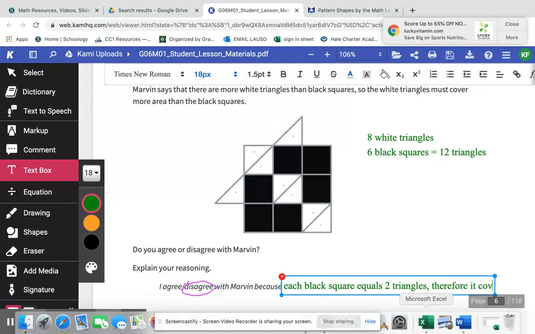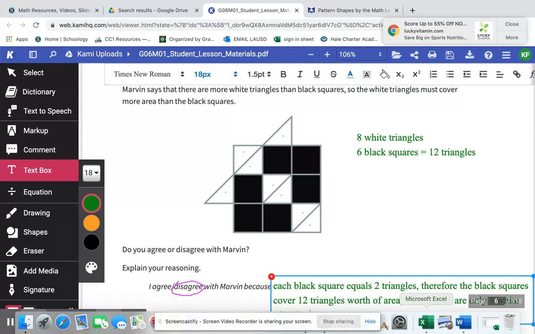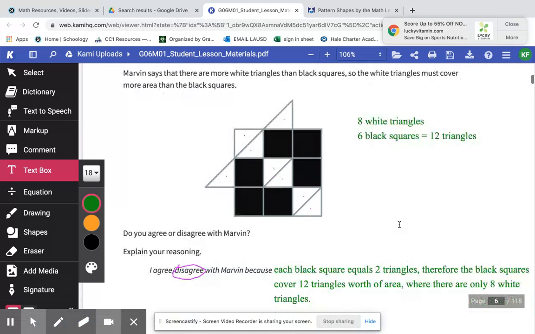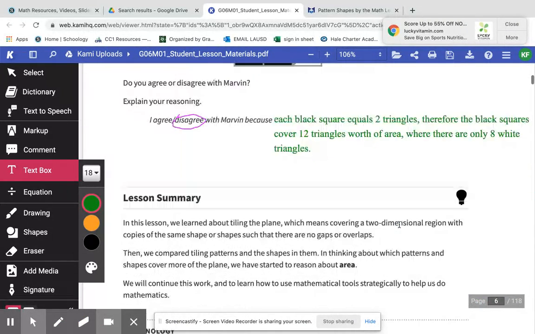Therefore, the black squares cover 12 triangles worth of area, where there are only 8 white triangles. Okay, so you should have disagreed with Marvin.